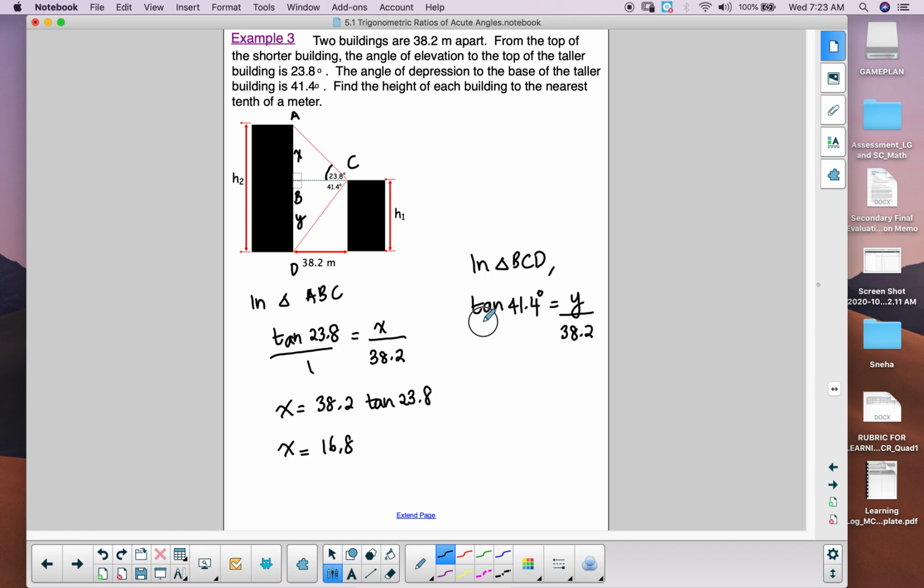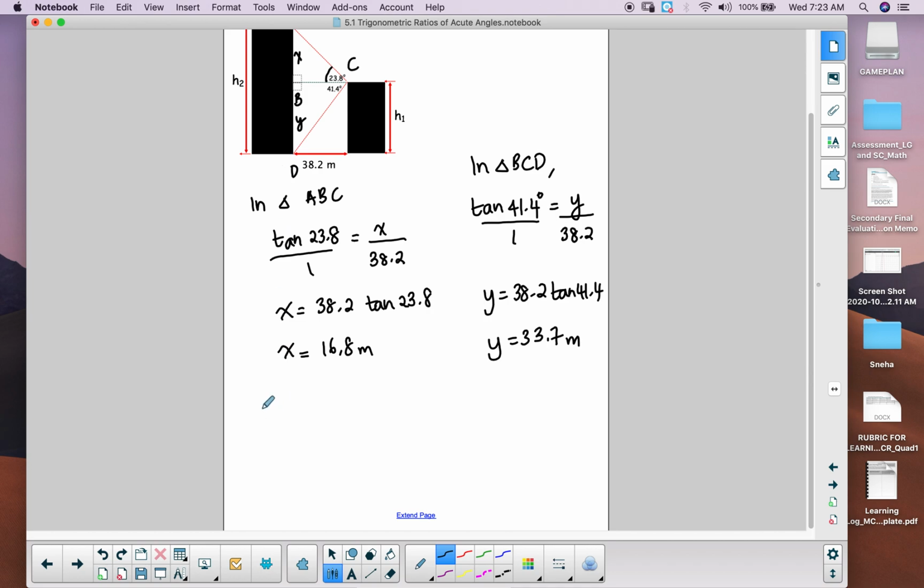So Y, when I cross multiply, I get Y is equal to 38.2 times tan of 41.4, and that works out to 33.7.